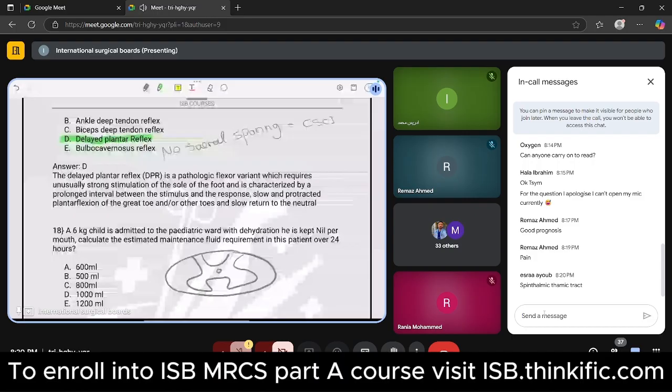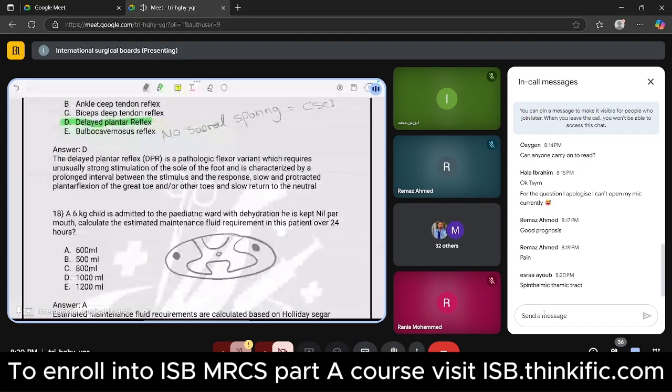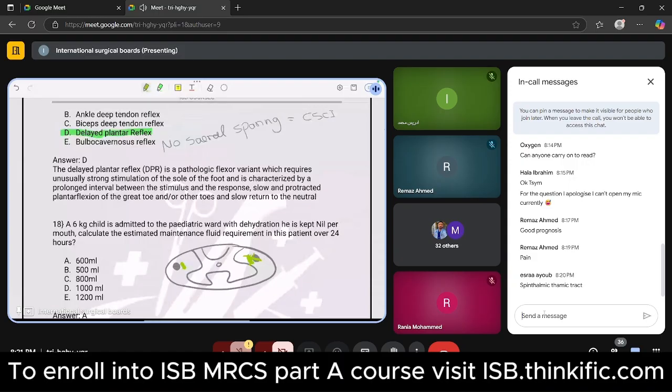Next to these tracts, very near to them, is the corticospinal tract, which carries motor innervation. So it means that if there is no pain sensation, there is a very high chance that the corticospinal tract is also damaged in that injury because of anatomic proximity. Anyway, those are some of the things that I wanted to say.